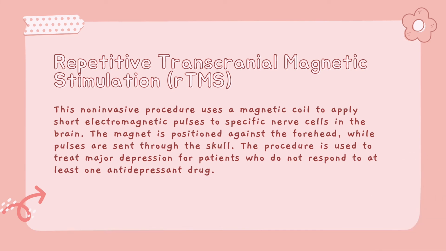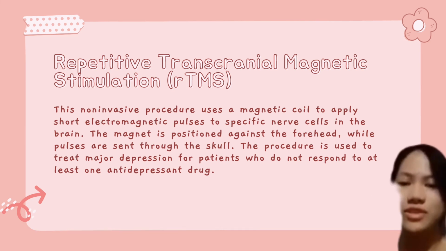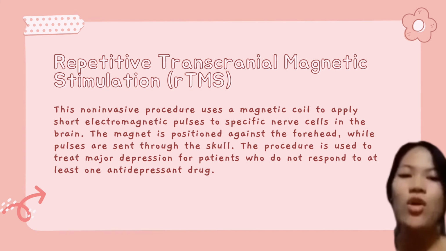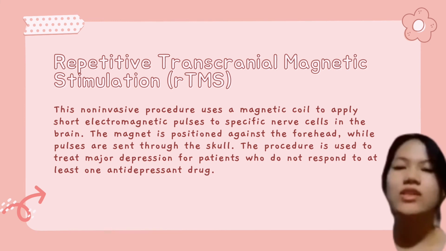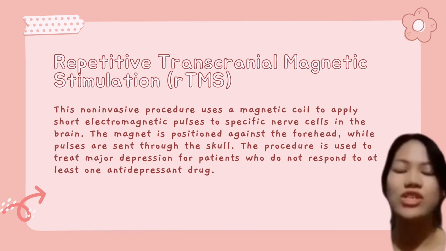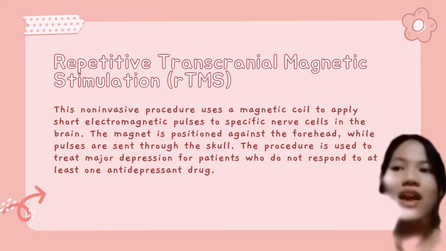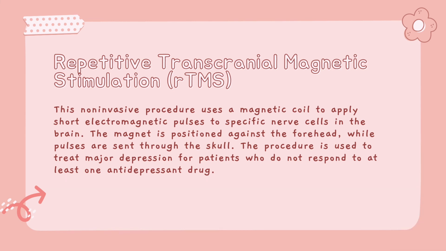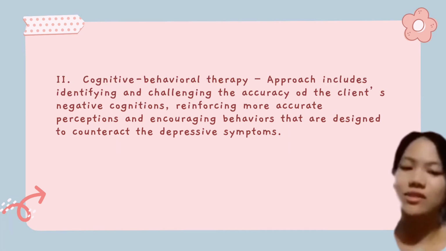The procedure is used to treat major depression for patients who do not respond to at least one antidepressant drug. So here, magnetic field pulses can gradually change the activity level of the stimulated brain region, usually the prefrontal cortex.